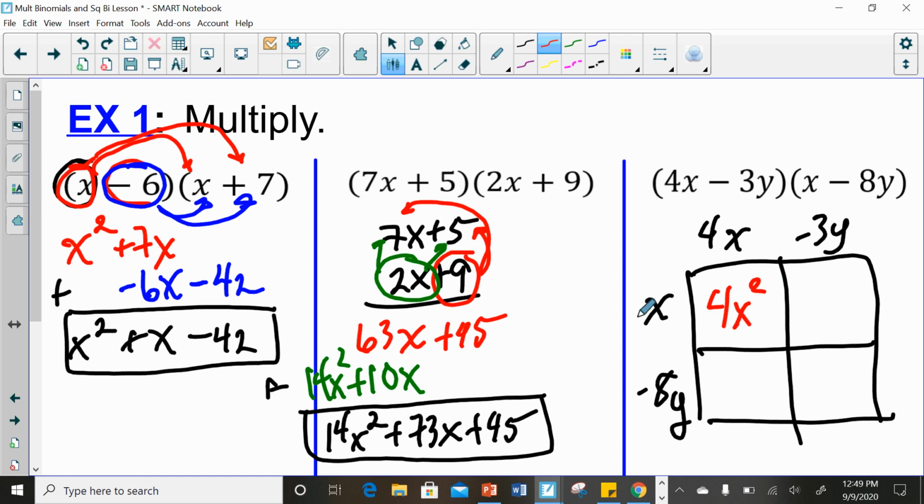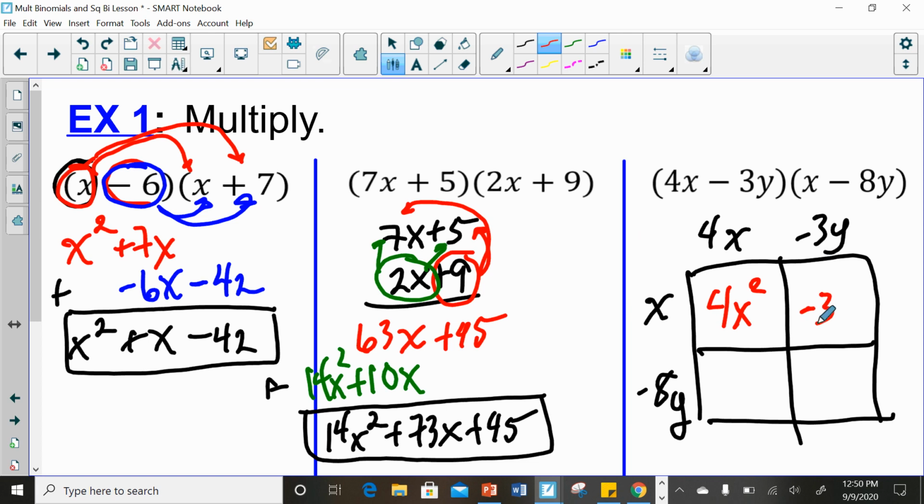And then we're going to take this x and multiply it to the -3y because these two intersect, right? So we get an x times a y. You just write it as xy. You could write it as yx, but we like to write things alphabetically in math so that we can identify like terms. So we got a -3 times a positive 1, so that's where our -3 is going to come from.